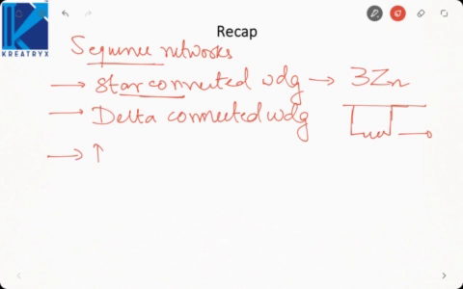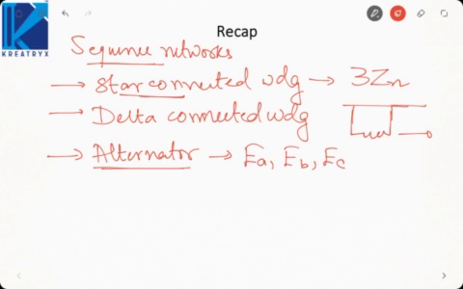Then we looked at the case of alternator, and the first observation that we made is as long as the direction of rotation of the rotor is same, the induced EMF will be positive sequence, that is EA, EB, EC.